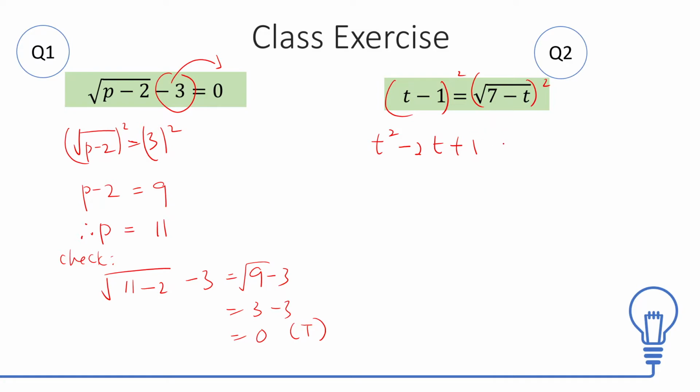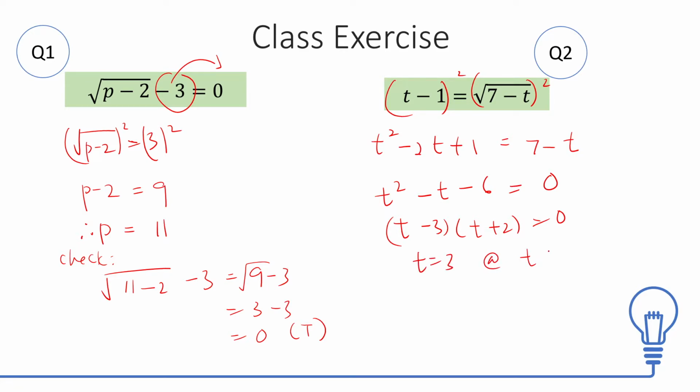Okay, and the right hand side is 7 minus t, and we collect everything together: t squared minus t minus 6 equals 0. You actually don't need to do the factoring, you can use the calculator. So t is going to give you 3, and t is giving you negative 2.